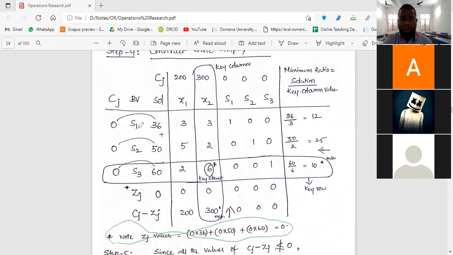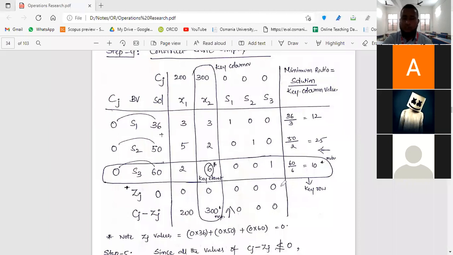Again, next column, 0 into 3, 0 into 2, 0 into 6, how much? 0. Again 0 into 1 plus 0 into 0, 0. So everything is 0, 0, 0, 0. By default, Zj values will be 0. That you need to remember.